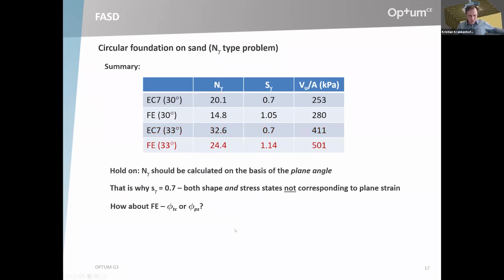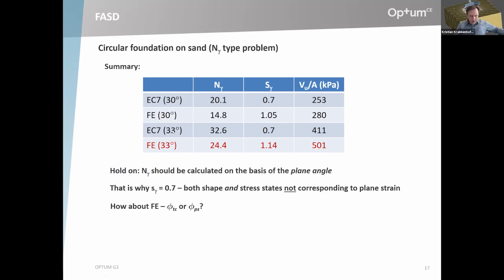So the question is what to use. If you use the plane strain angle of 33, then you get this number here, 501. So we have four results that are not too unreasonable, and they differ by a factor of 2. So picking the right angle and doing things in the right way seems to be not completely insignificant.